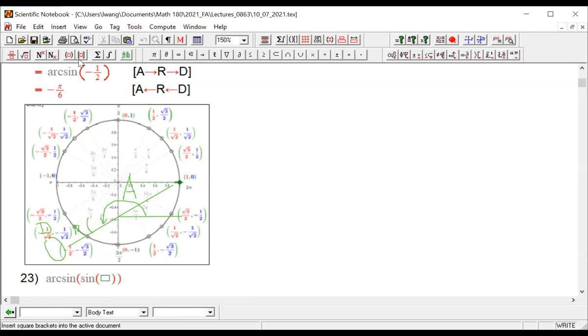Would it also be negative pi over 6 as well? Think again. Okay. I'm not going to answer right away. 23, 25. How about we do 23, 25?